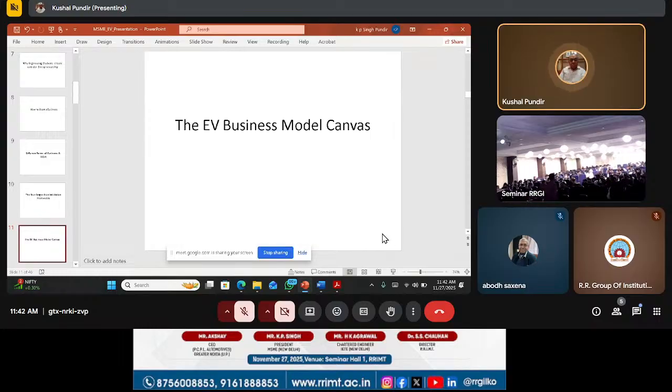If we talk about the electric vehicles business model canvas, what are the different opportunities you can have if you go for the EV industry? If you want to convert your idea into a real business model, use the business model canvas first.